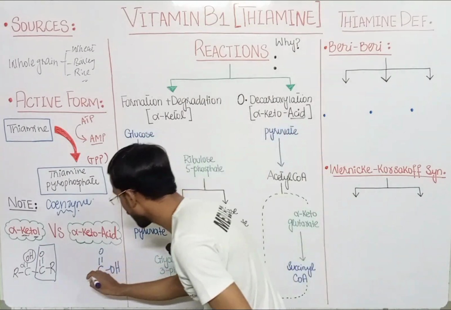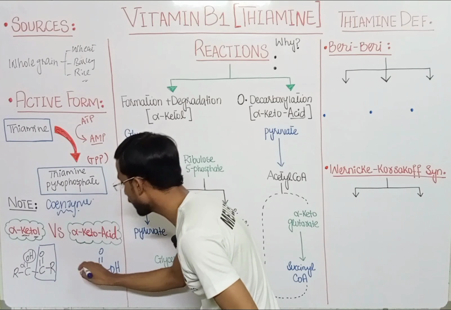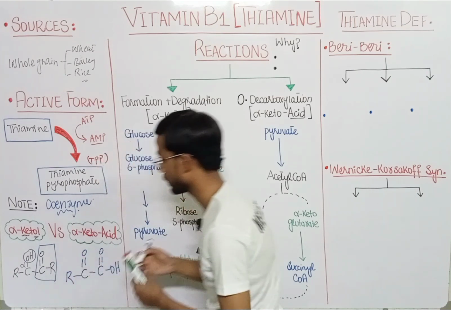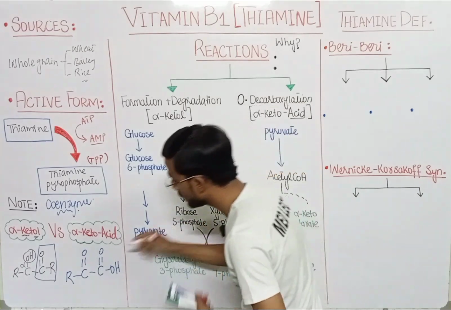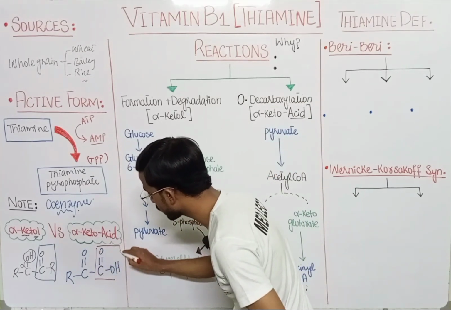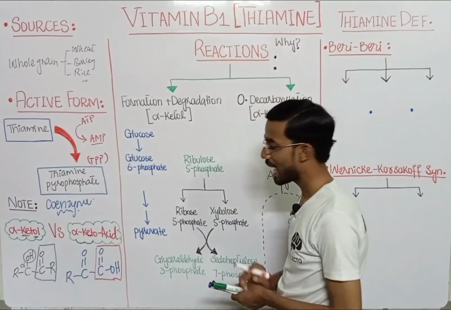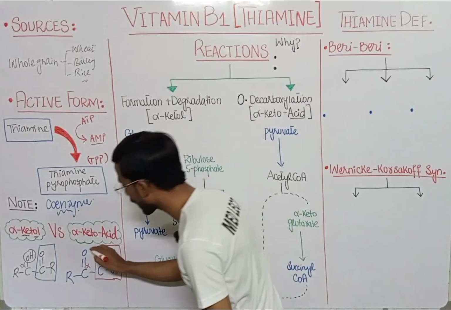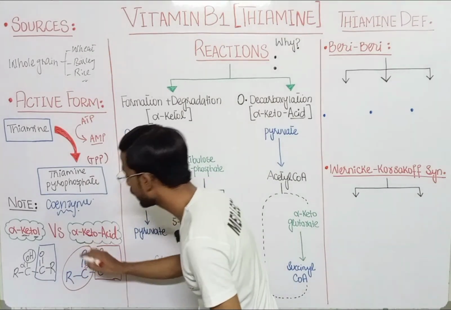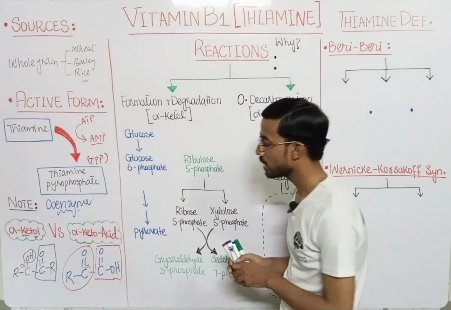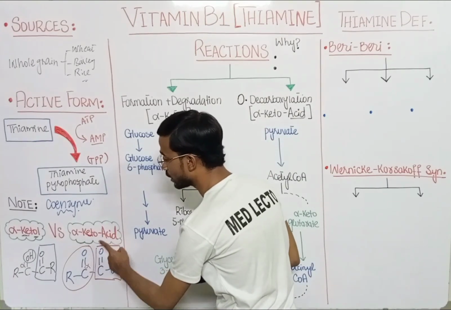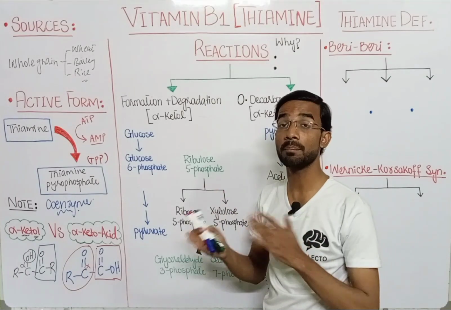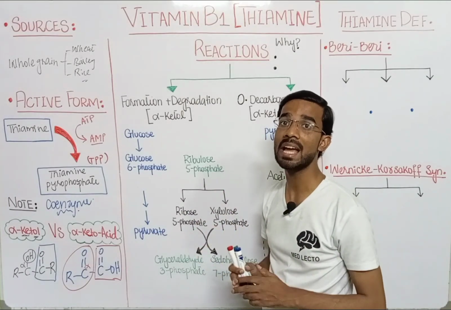Here is the alpha carbon, and at the alpha carbon you will see the presence of the ketone group. That's why it is called alpha keto acid. Now I hope you got the basic difference between alpha ketol and alpha keto acid.